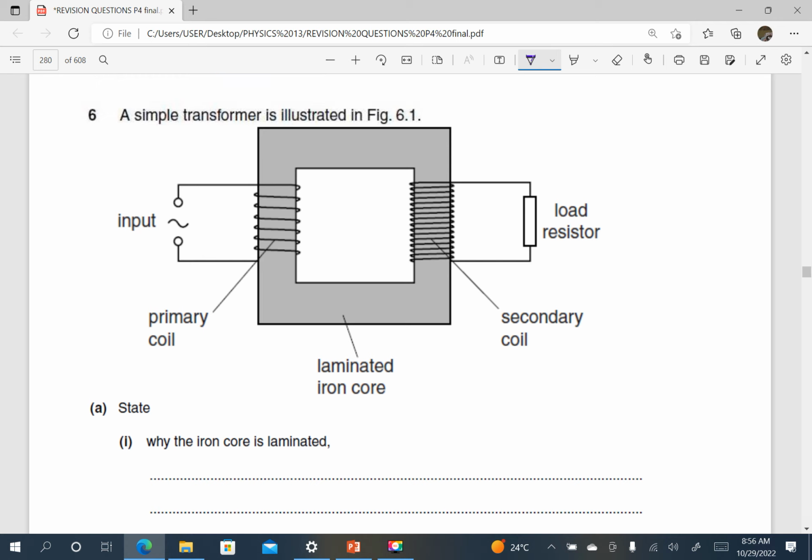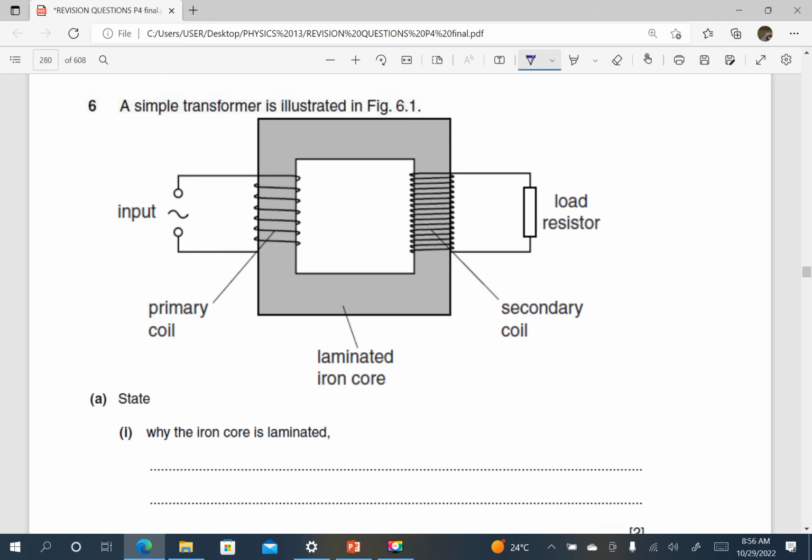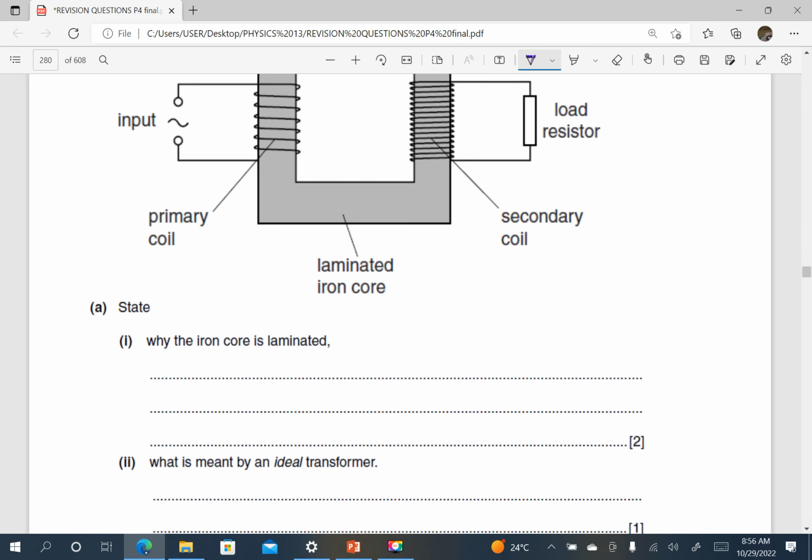A simple transformer is illustrated here, as you can see. State why the iron core is laminated. Laminating does not prevent eddy currents. It just reduces power loss in the core due to eddy currents.